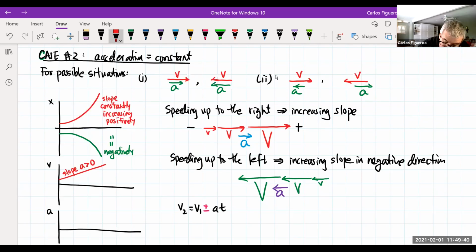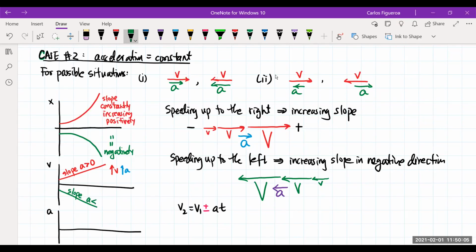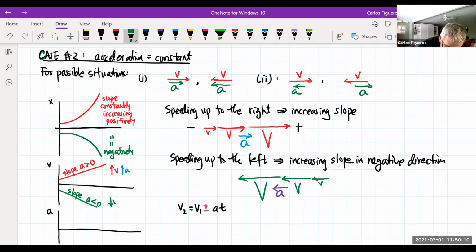And that means in this situation that I have velocity and acceleration in the same direction. But if I look at increasing in speed in the opposite direction, it's going to look something like this here. So in this case, we say that the slope of A is negative. And in this situation, the velocity and the acceleration are pointed in the same direction this time.